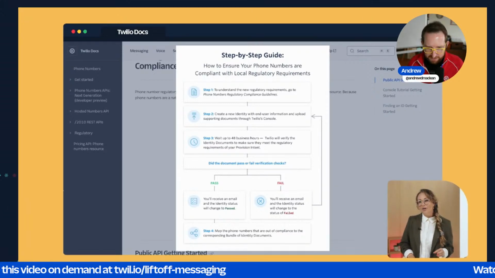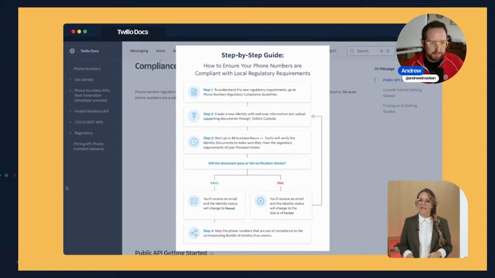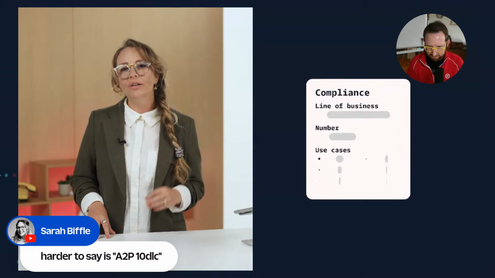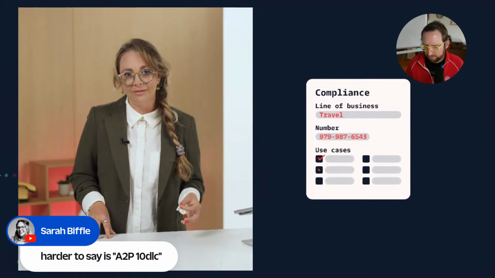From providing accurate brand information to setting up the correct opt-in mechanisms to making sure you're documenting the proper use case, the onboarding process is detailed and straightforward. I mean, there's a flowchart. It's beautiful. Compliance, as it relates to use cases, involves two key aspects. First, ensure the messaging that you plan to send matches the use cases you've registered.